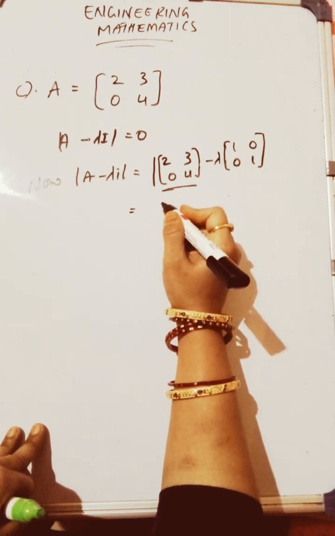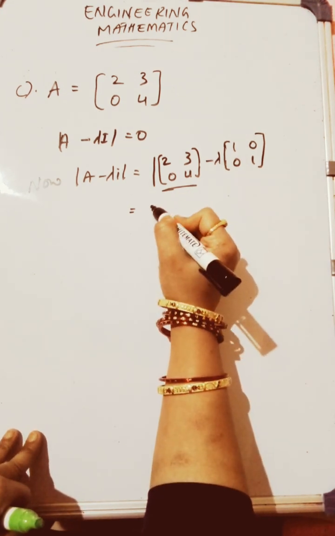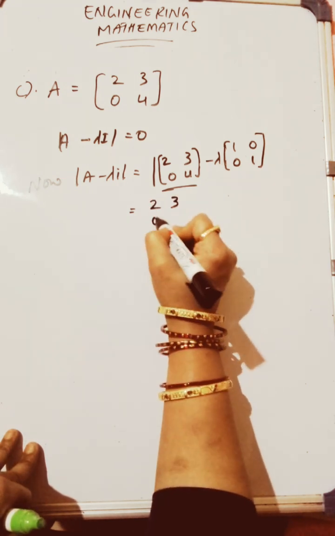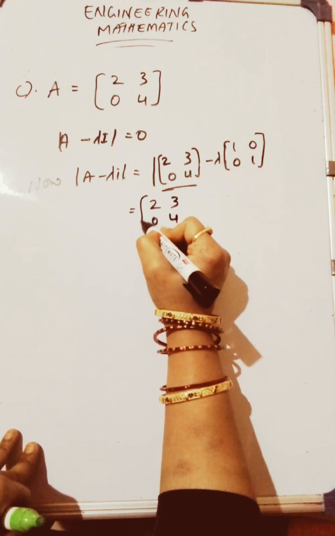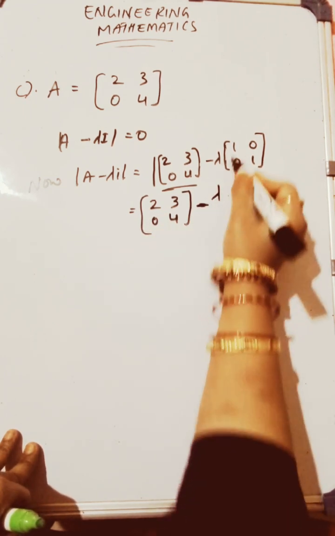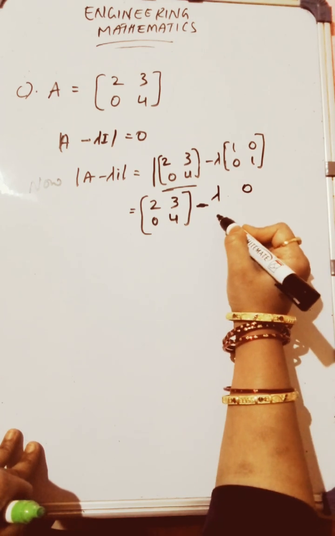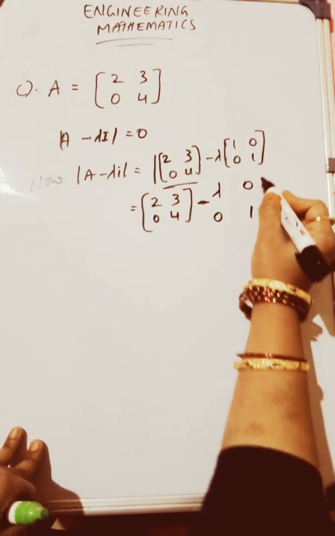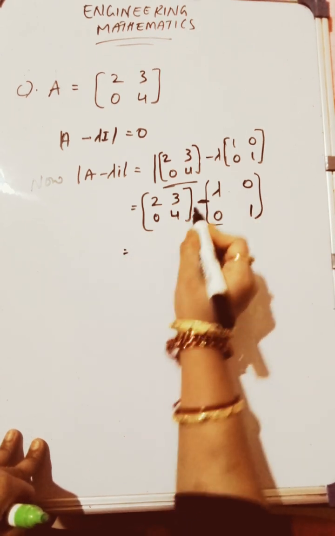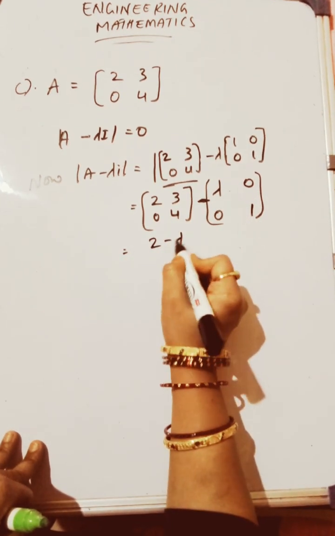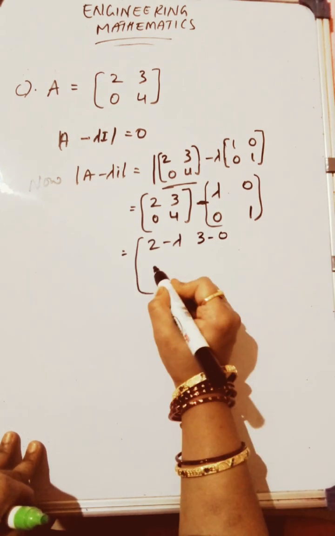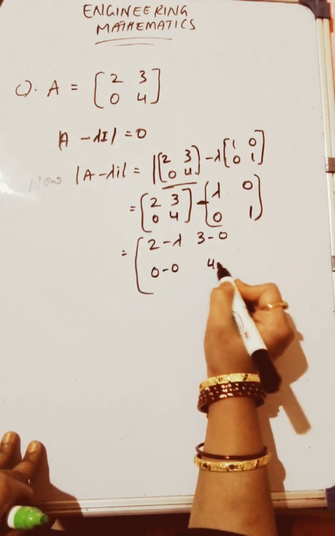Equal to the determinant of 2, 3, 0, 4 minus lambda into 1, lambda into 0, 0, lambda into 0, lambda into 1. So we get 2 minus lambda, 3 minus 0, 0 minus 0, 4 minus lambda.